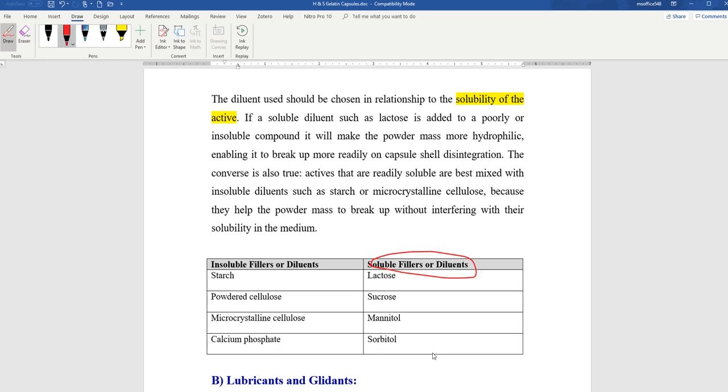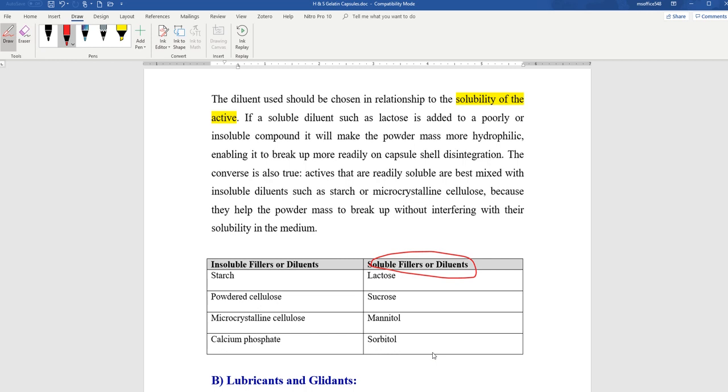So if your drug is poorly soluble and you want to use a diluent, because in the end you want to put it inside the gelatin capsule shells, in this case it's better to use soluble diluents. What do we have as soluble diluents? We have lactose, sucrose, mannitol, sorbitol. But what is the reason?